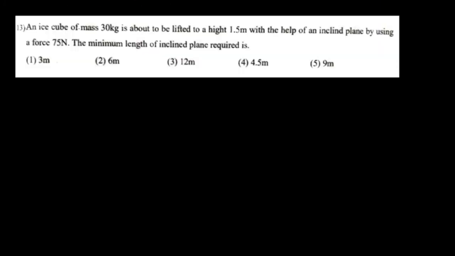Next we have a similar question where you should find the minimum length of the inclined plane required to move a 30 kilogram ice cube to a height of 1.5 meters. Why did they say an ice cube? You must have an idea. The ice cube is slippery, right? Therefore, you can consider there is no friction.